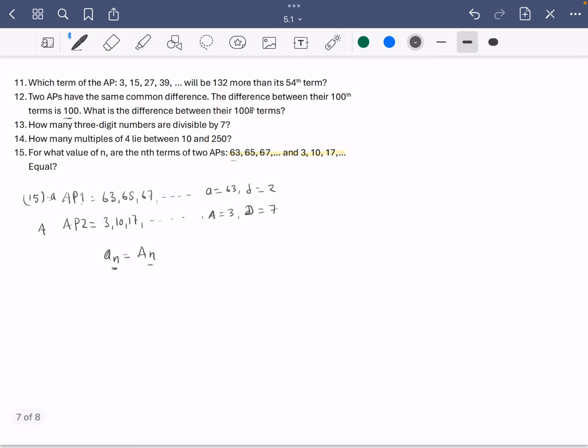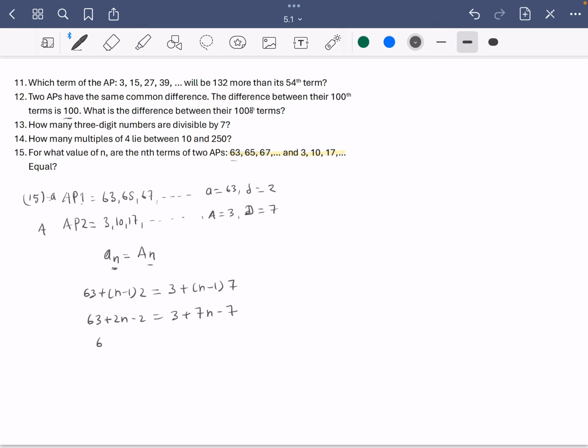So an is going to be a, that is from the first AP 63 plus n minus 1 times t, 2. For the second one, a is 3 plus n minus 1 times t, 7. We'll solve for n. 63 plus 2 times n minus 2 is going to be 3 plus 7 times n minus 7.